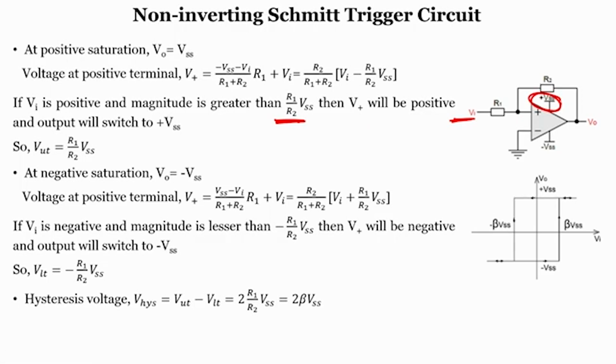So, V_UT equals R1/R2 into VSS, which is my upper trigger point.